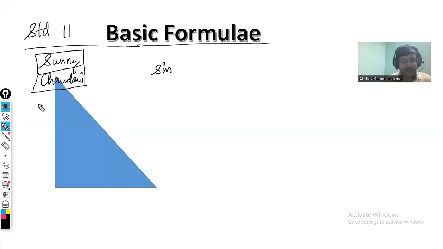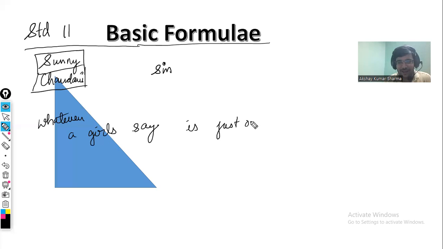There is a very good proverb, guys, that whatever a girl says is just the opposite: if she is saying yes, that means no, and if she is saying no, that means yes.